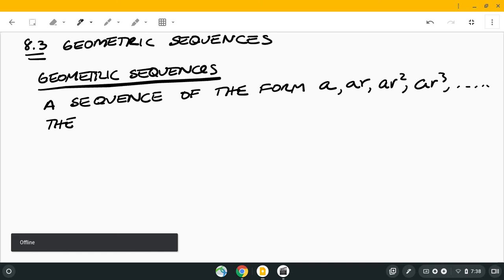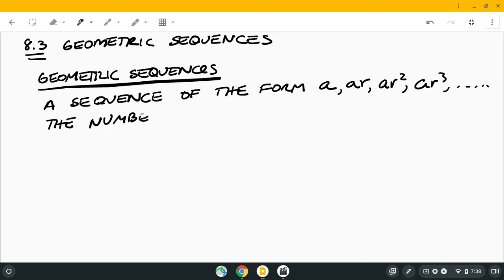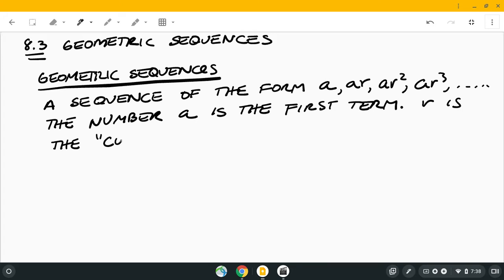Okay, so the number A is the first term. R is what we call the common ratio, which is the ratio between two consecutive terms.